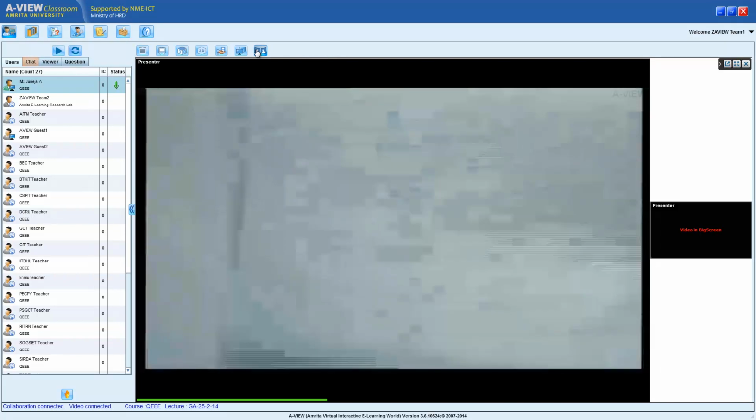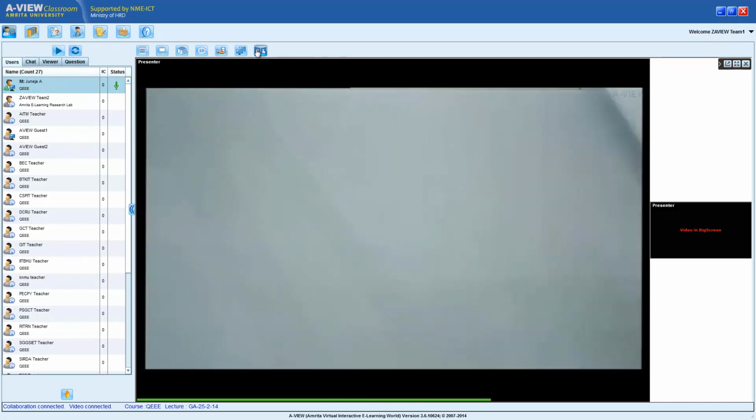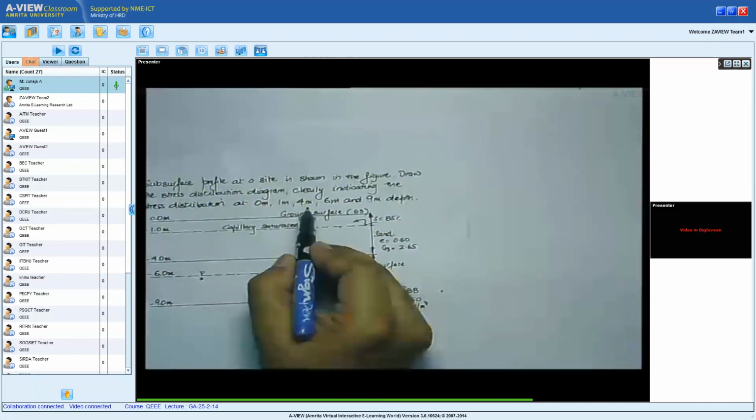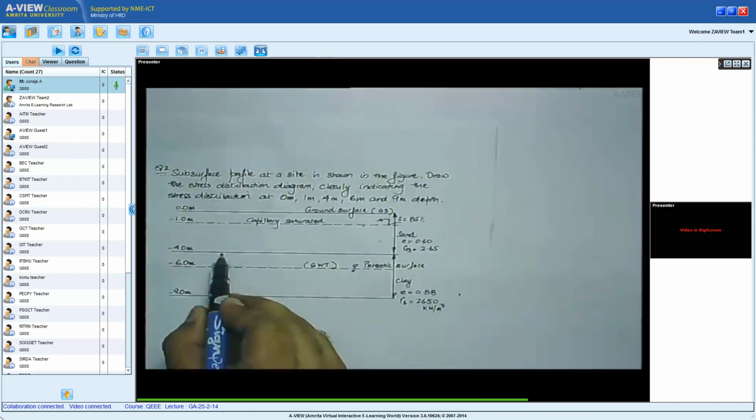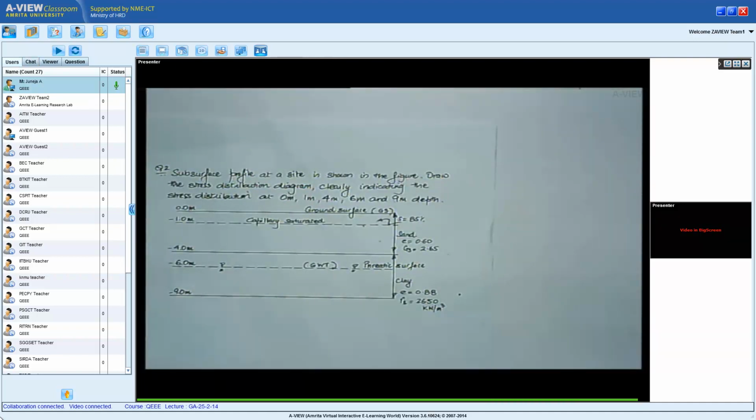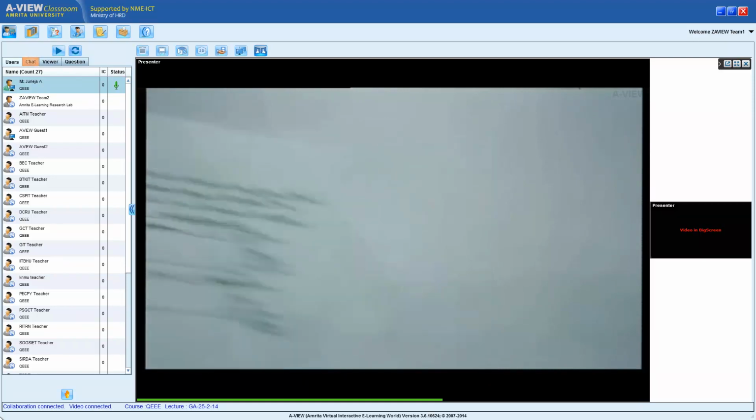Okay, the next part is doing it at 4 meter depth. So 4 meter depth is at the interface of the sand and clay.